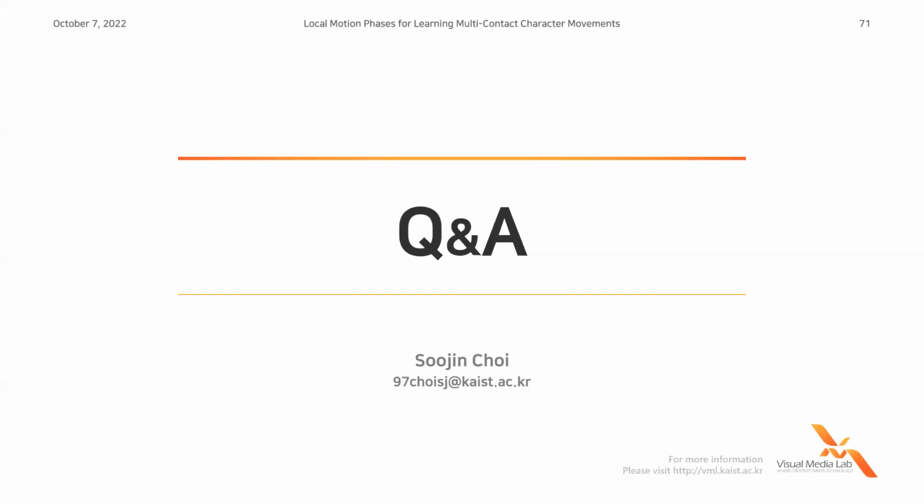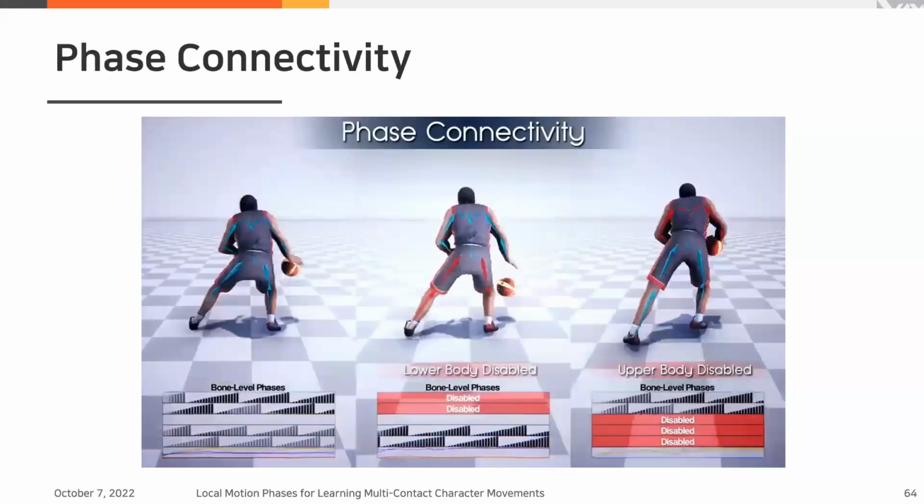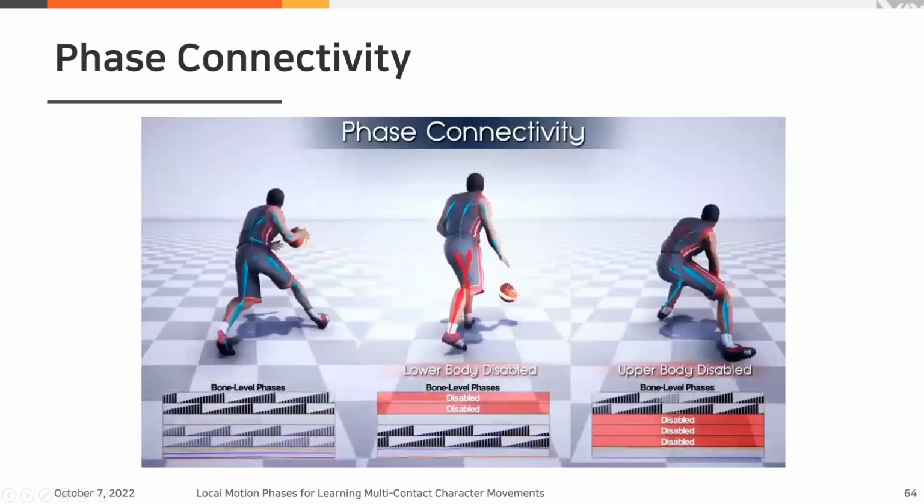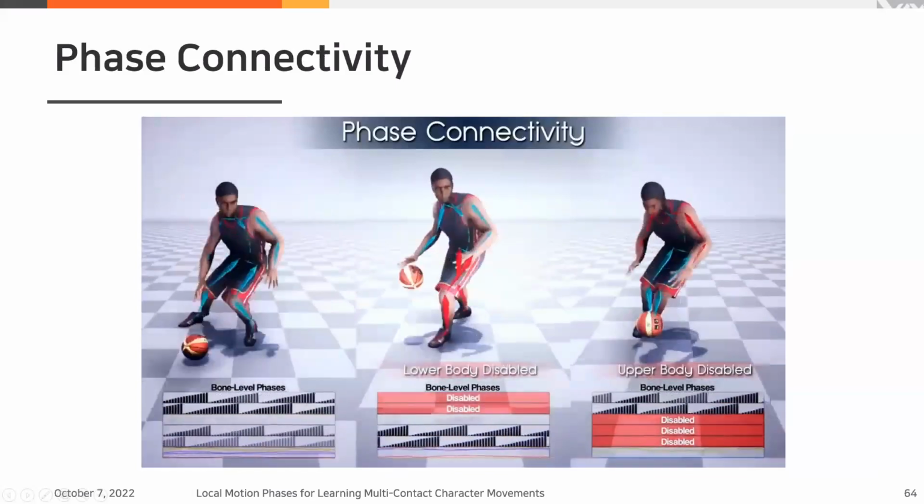Yes, you can see the ball is floating when the local phase of the upper body is off in the result. So that means the ball is not physically simulated, so the ball is also captured. Okay.